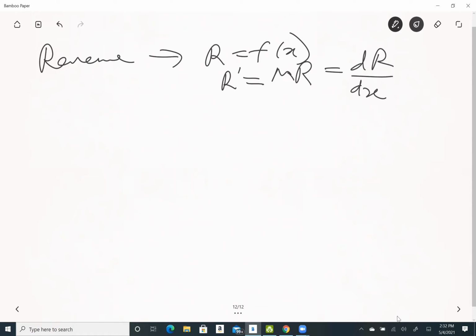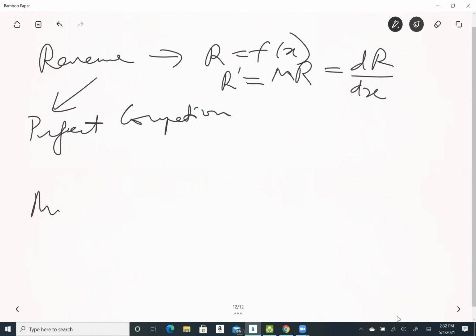Now, there are two types of market. One is where you have perfect competition, and the other type of market is monopoly. In perfect competition, the price is given. It means the price is constant. This one we already knew.